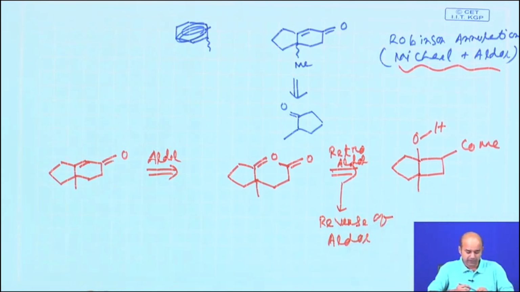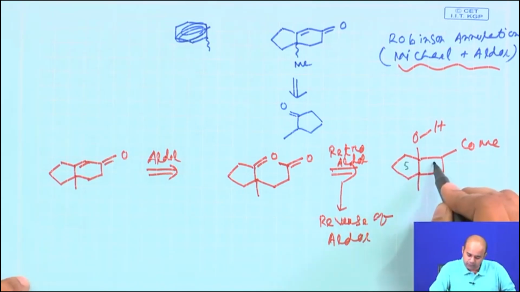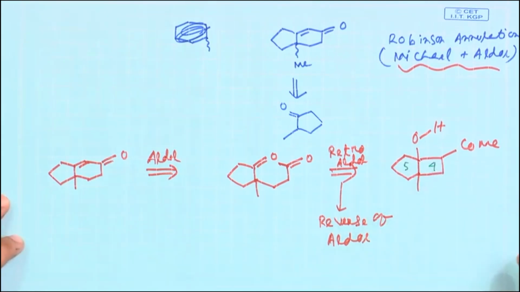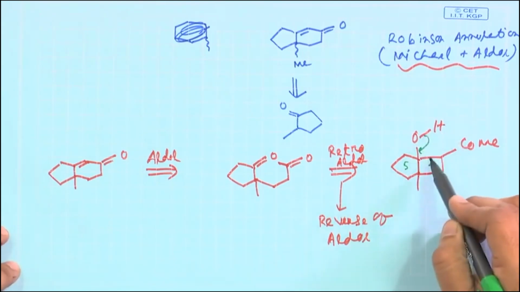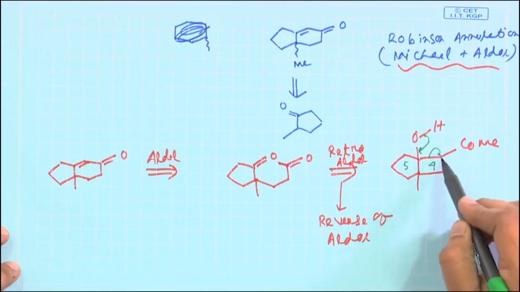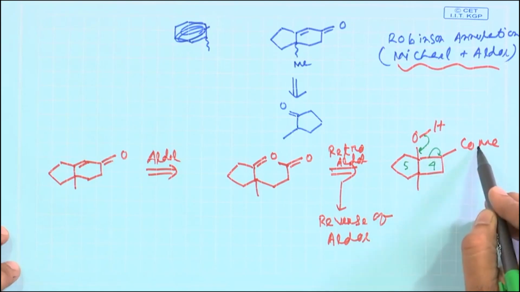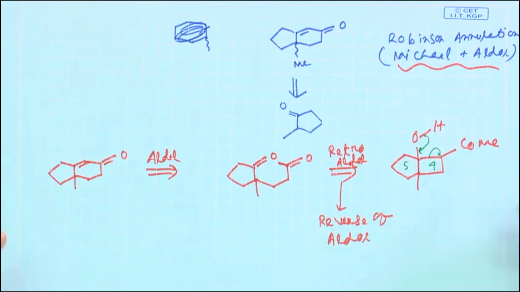Now, see how this retroaldol takes place. This is a 5-member ring, this is a 4-member ring, and we generally know that 4-member rings are strained. So, what happens if you subject this molecule to a base, it will try to open it up and will give a negative charge here, because it is linked to a COMe group which is electron withdrawing, which can stabilize it.